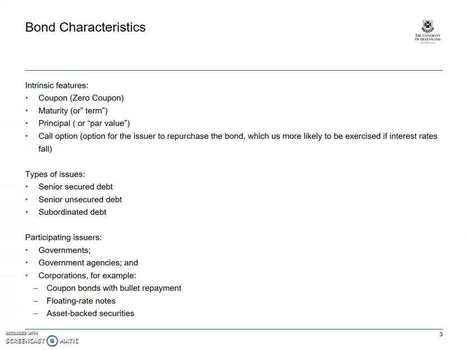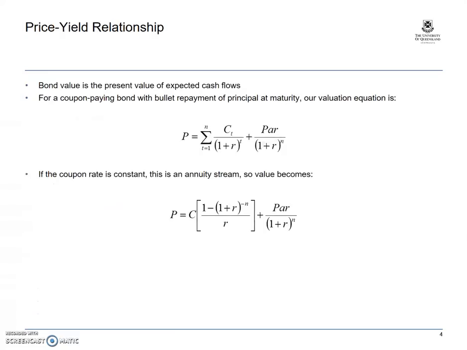So they could be asset-backed securities. So the banks, for example, might spin out some of the mortgages that they own and securitize the mortgages so that it's an asset-backed security. They might use floating rate notes. They could use coupon bonds. So there's a whole host of different ways that governments and corporations can issue bonds.